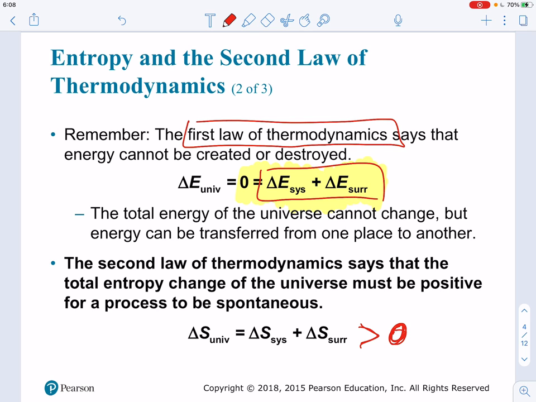But in order to be spontaneous, it could be zero, larger than zero, or less than zero, but if the change in entropy of the universe is positive, then you are in the presence of a spontaneous process. Likewise, if the process is non-spontaneous, then the change in entropy of the universe is less than zero. And if the change in entropy is zero, then it's equilibrium.